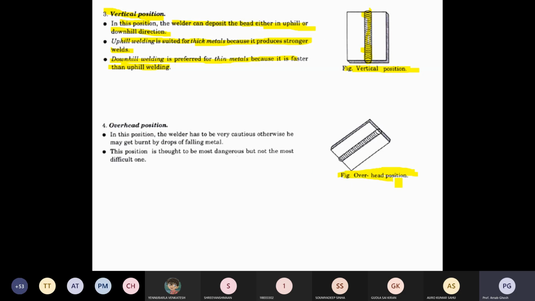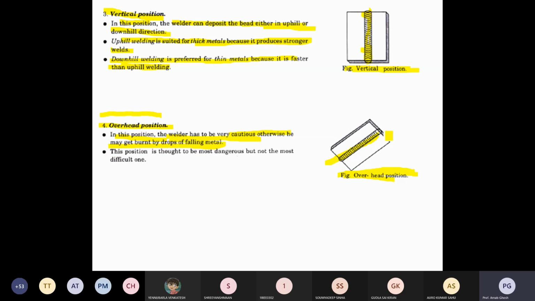Then overhead welding, which is beyond the eye position. That is too difficult. In the overhead welding position the welder has to be very cautious, otherwise he or she may get burned by the dropping filler material.